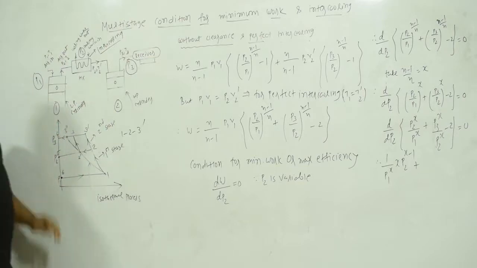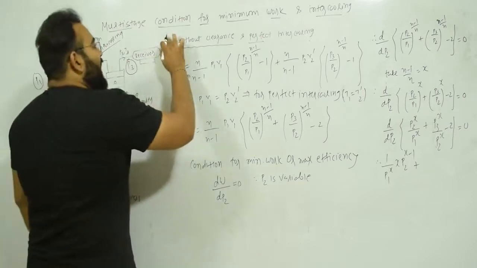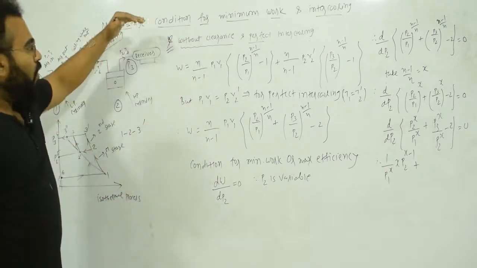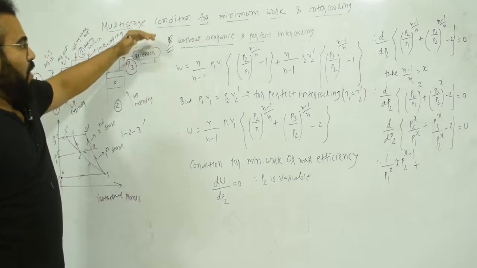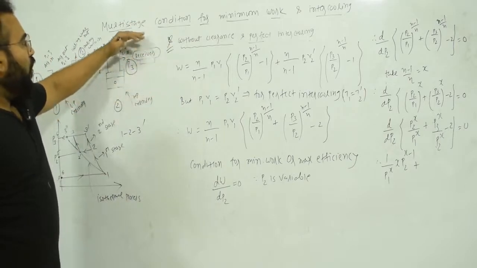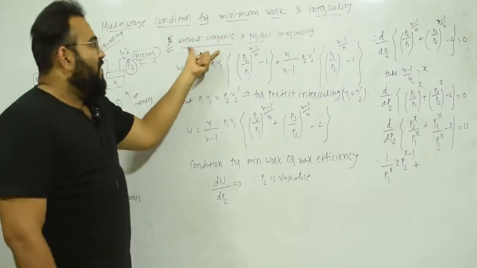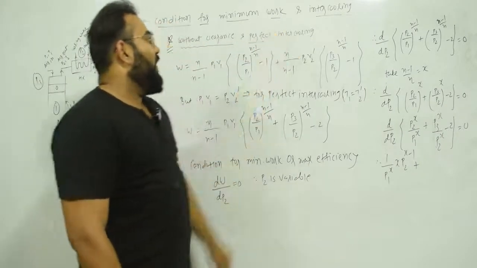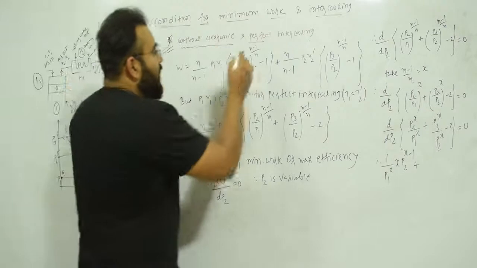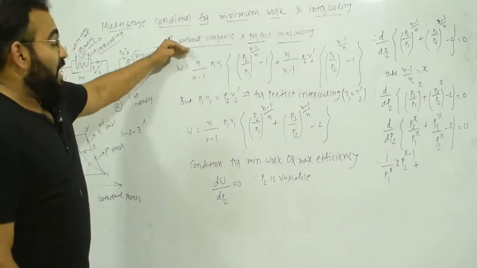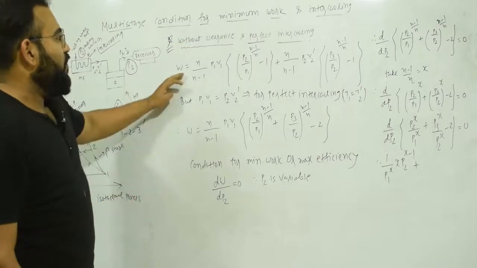Now they will ask you in the exam something like this: derive the minimum work for two-stage compression without clearance and with perfect intercooling. So first let us understand how to get this derivation. First let us find the work done.